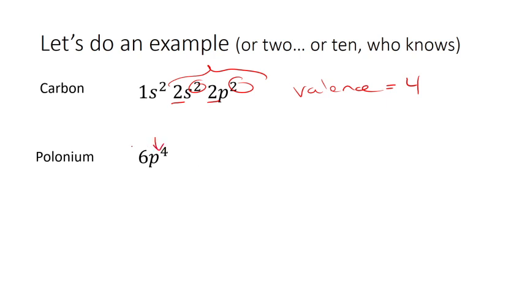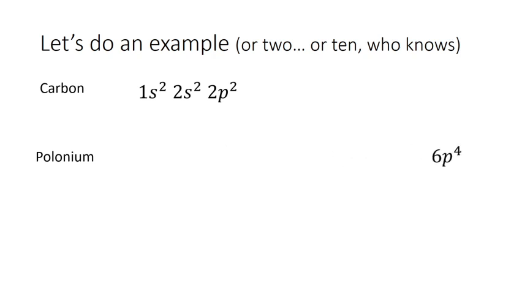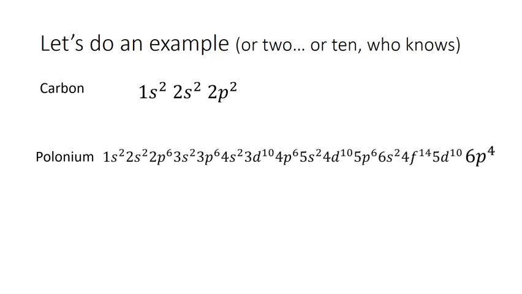It is in 6p, and then we count in from the side, 1, 2, 3, 4, and so we know the last term in the electron configuration for polonium is 6p4. And then we just fill in, using one of those charts or looking at the periodic table, everything that comes before it, which would be all of this.